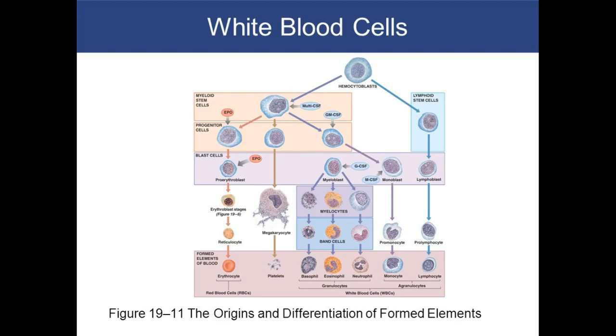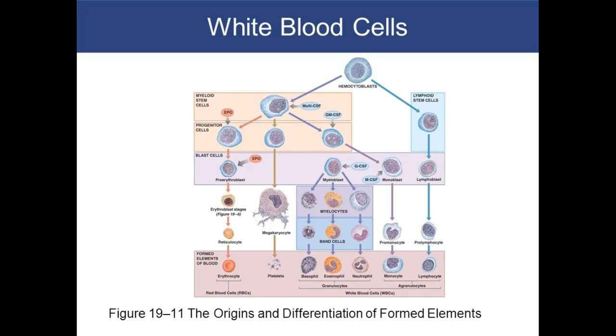Not something that I asked, but you have this myeloid stem cell line that is going to give rise to everything on the left. The lymphoid stem cell line is going to give rise to the lymphocytes and actually just the lymphocytes, because even the myeloid stem cell line is going to give rise to the monocyte.